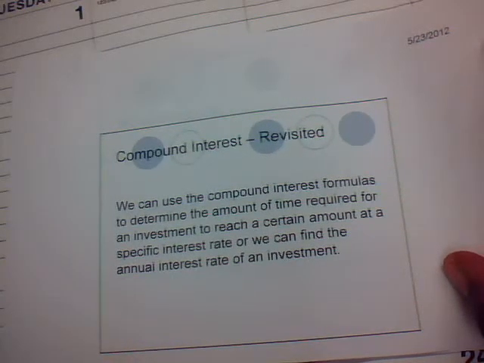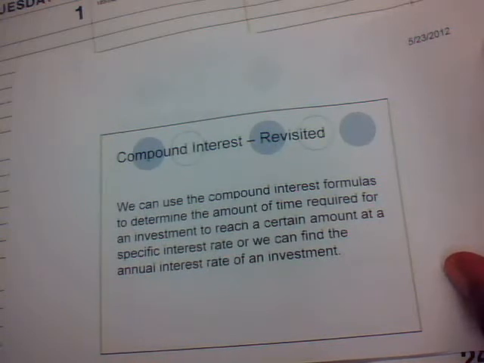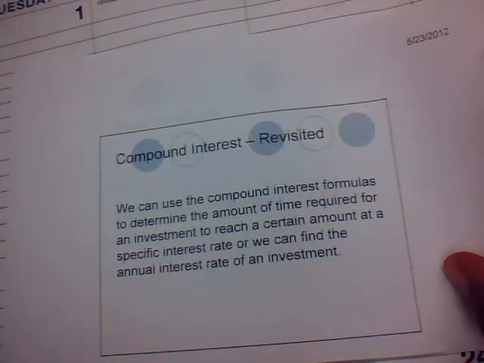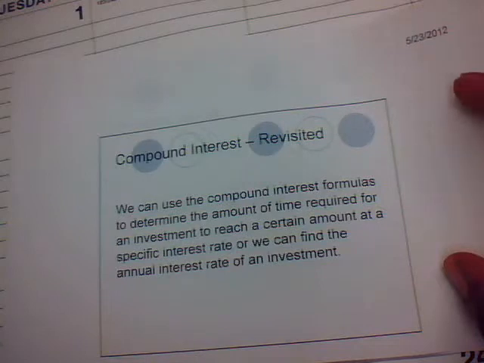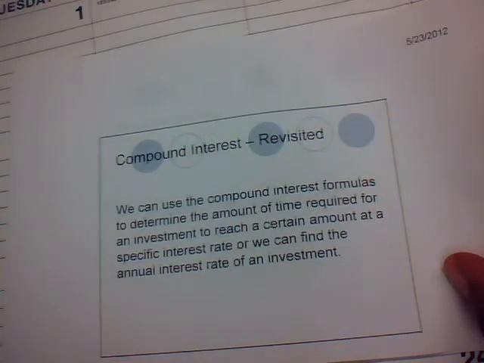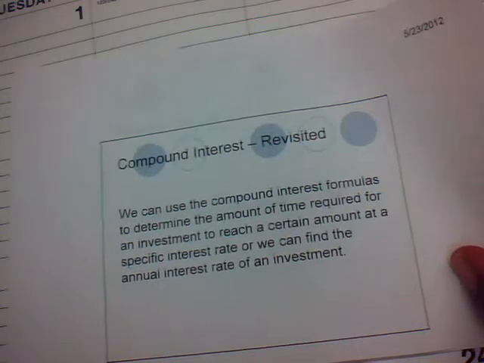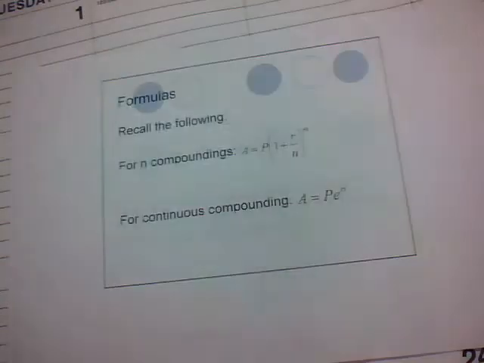So here we're going to be using some of the properties of logarithms to find out the time it's going to take for an investment to reach a certain amount at a given interest rate, or you can use that to find the annual interest rate itself.